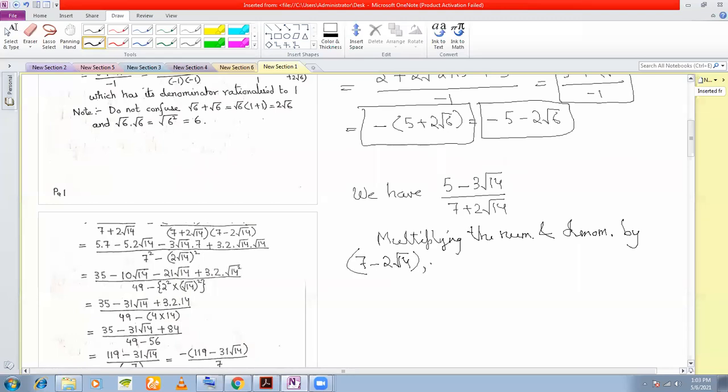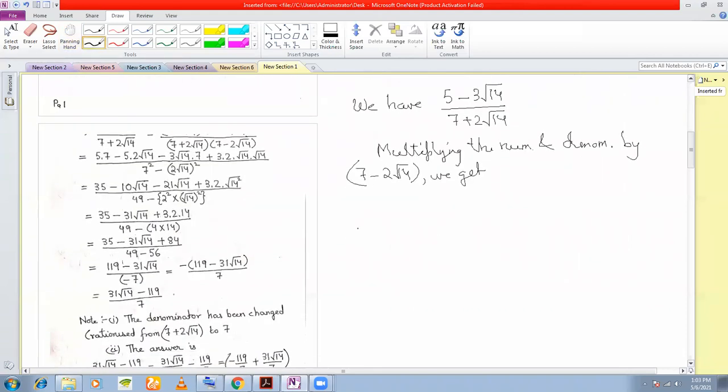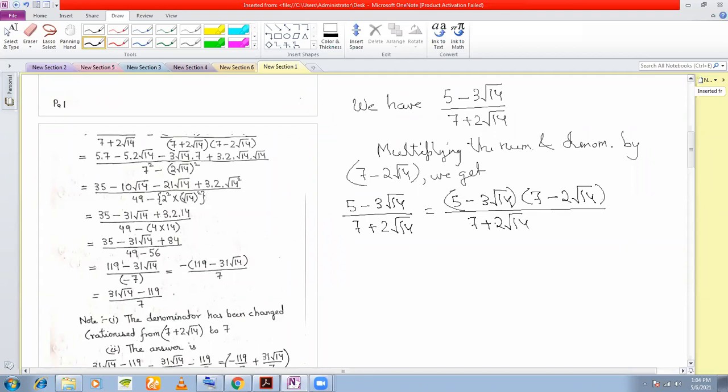So we get (5 minus 3 root 14) divided by (7 plus 2 root 14) is equal to (5 minus 3 root 14) into (7 minus 2 root 14). And in the denominator, you have (a plus b) into (a minus b) form: (7 plus 2 root 14) into (7 minus 2 root 14).